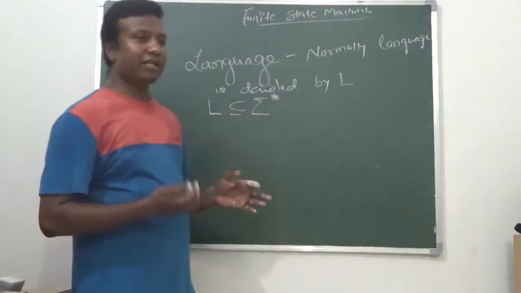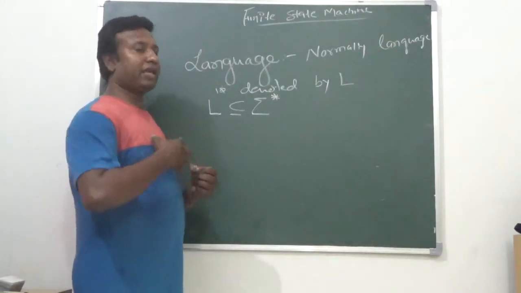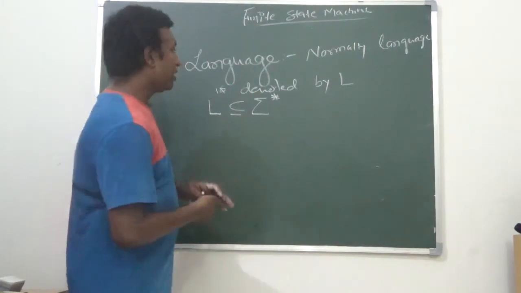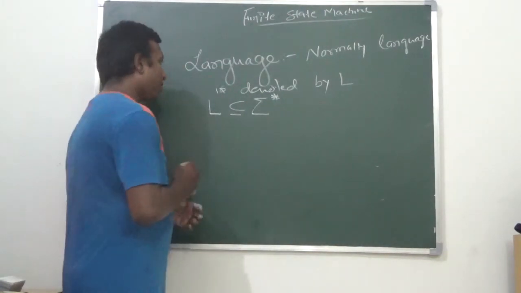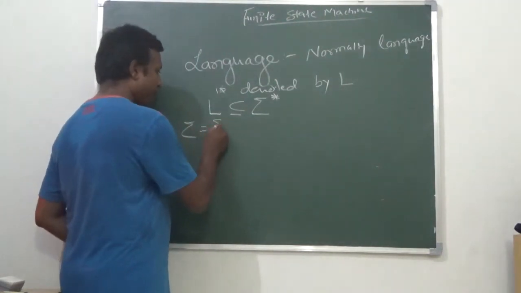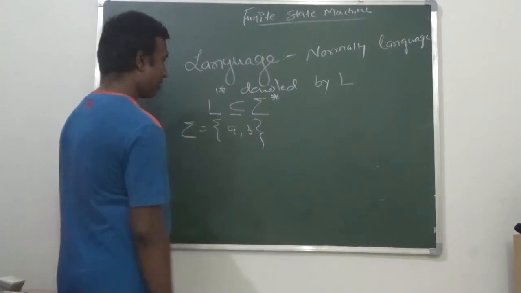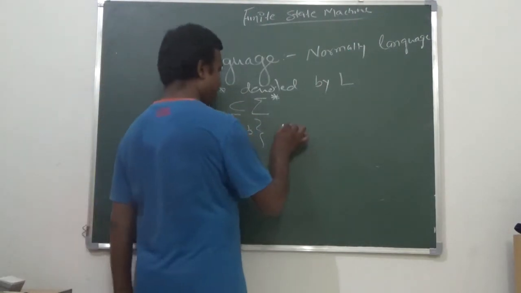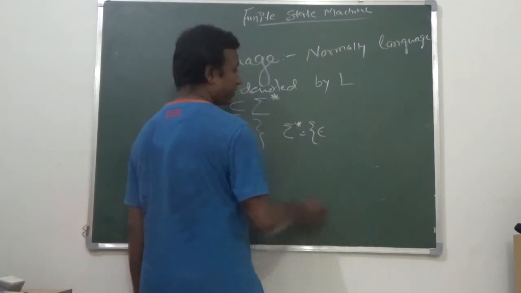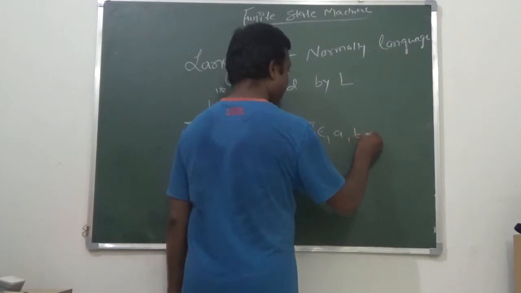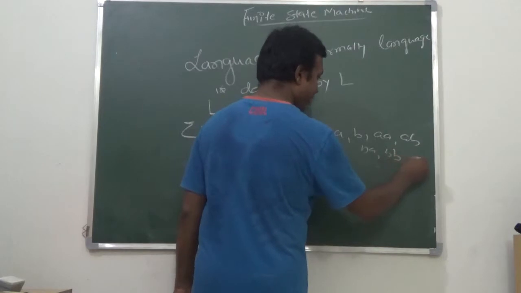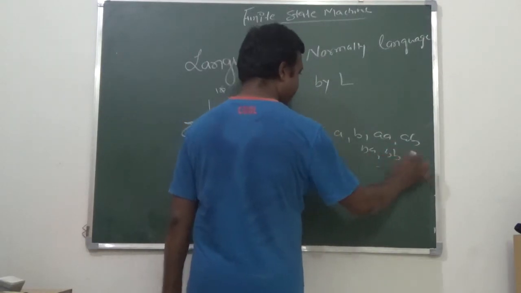So whatever sigma is given, we can get sigma star, and then if we choose some of the symbols from the sigma star, we get a language. Let's think about this. If we have sigma equal to {A, B}, then obviously sigma star is equal to epsilon, A, B, AA, AB, BA, BB, and then this is the 2 combination.